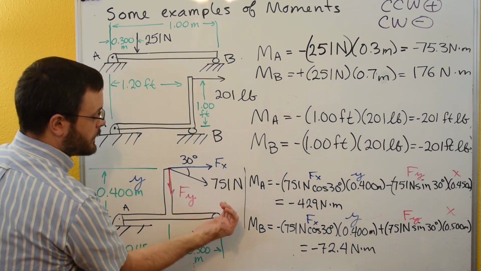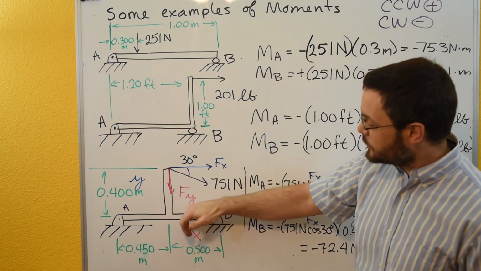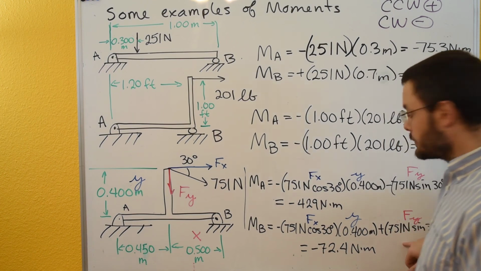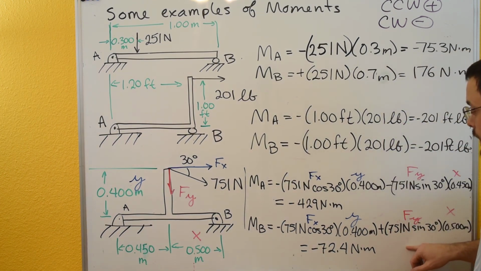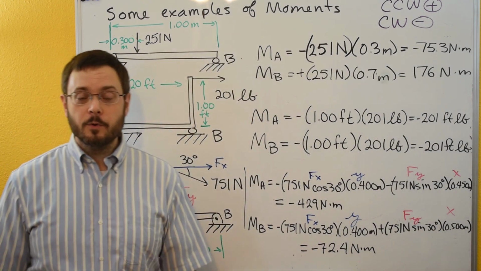So looking at B, thumb out of the board, and come over here, allows us to put our fingers in the direction of Fy. So this means that this contribution winds up being positive. So when we add these two contributions together, we get overall negative 72.4 newton meters.